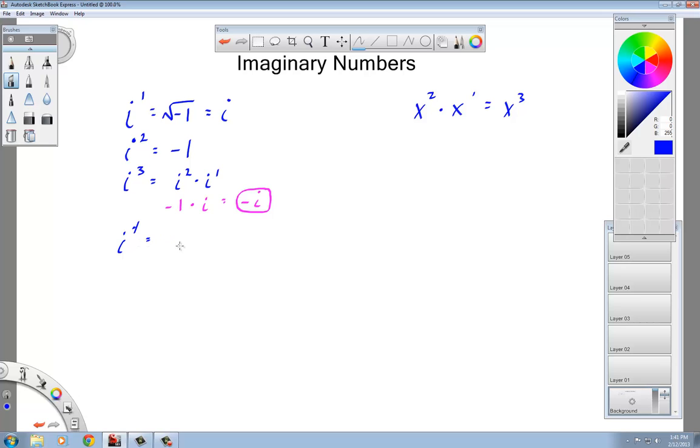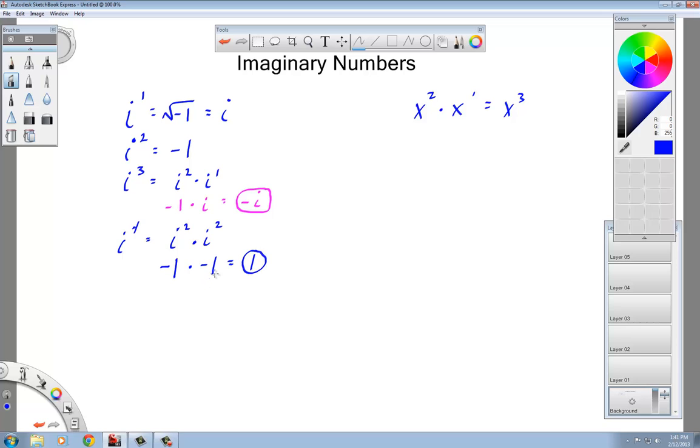i to the fourth power is i squared times i squared, because you add these exponents. Now, i squared we just saw was equal to what? -1. And -1 times -1 equals a +1.